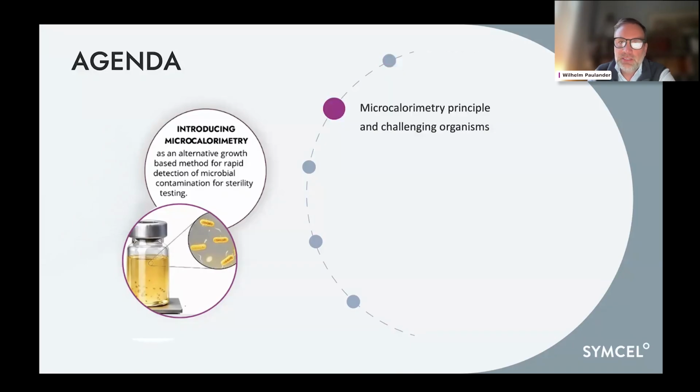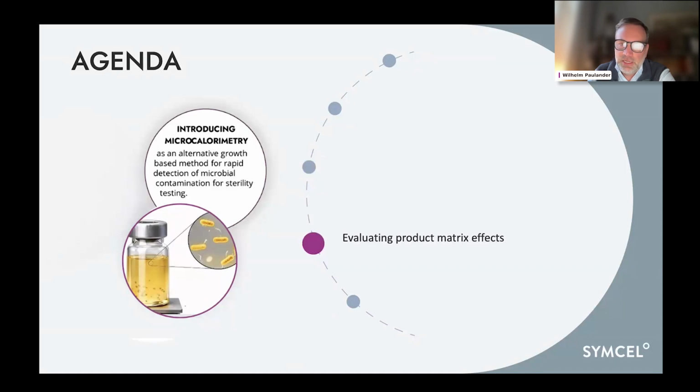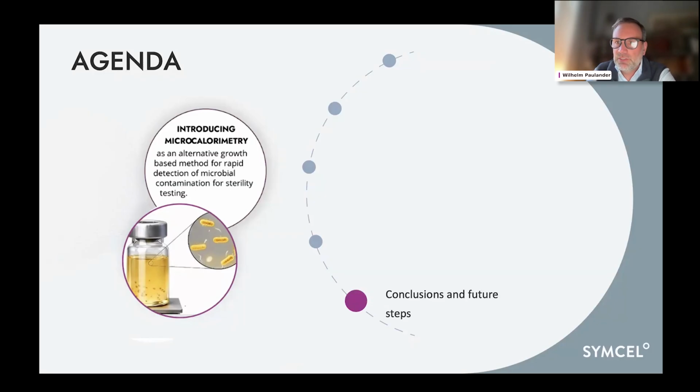We will look at the measurement principles and go over some of the challenging organisms and see how they perform in our system. We will also look at data from an ongoing primary validation, look at some products and product matrix effects, and specifically the impact on time to detection, and then finish up with a conclusion and, as Per said, some questions so that we can hopefully discuss the technology in more depth and answer some of the thoughts that you had from the presentation.